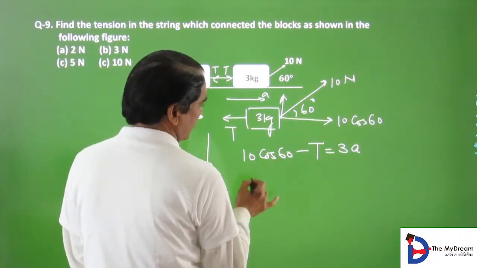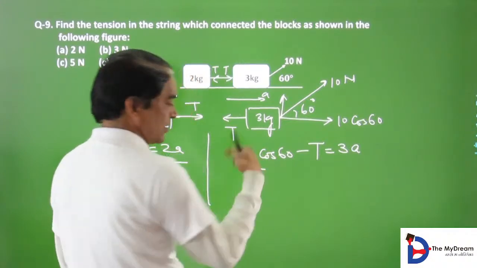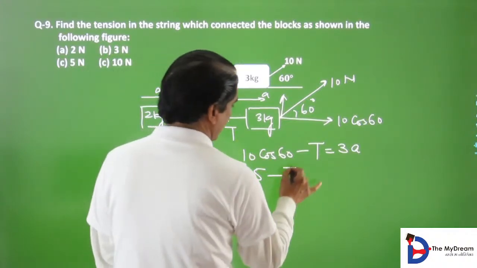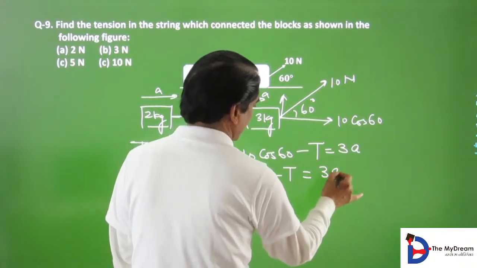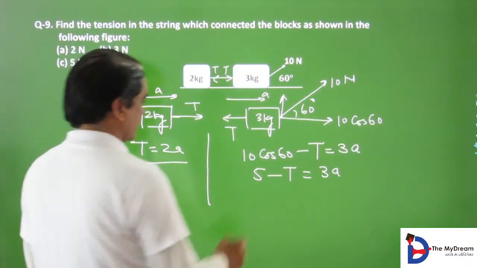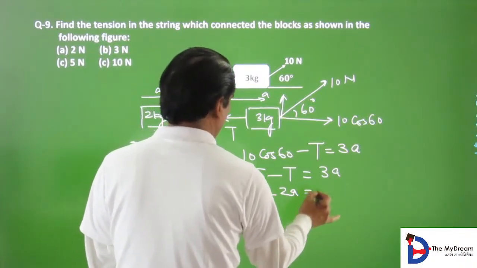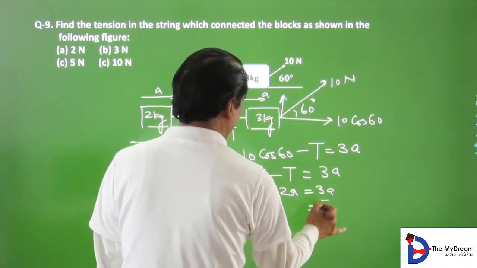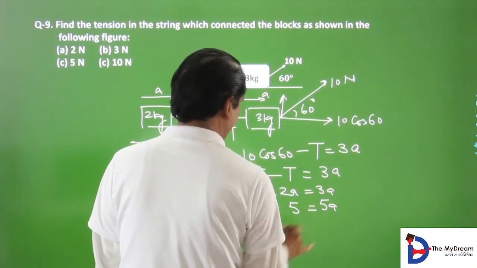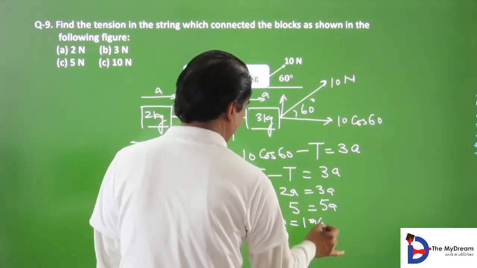This is 5 because cos 60, you know. And the value of T is 2A. Then you will get 5A equals 5, and A is 1 meter per second square.